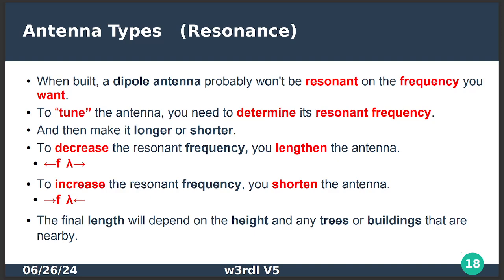The thing to keep in mind is that the length, okay, it's backwards, it's inverse. So if you need to make the frequency go up, wavelength needs to get shorter. And to shorten the wavelength, you just cut a little bit off. And remember, you want to cut off an equal amount on each end.